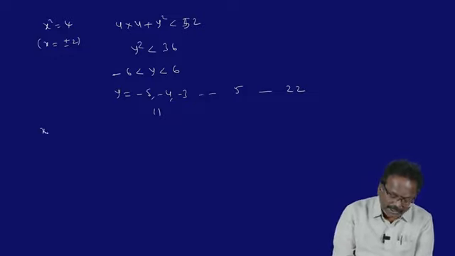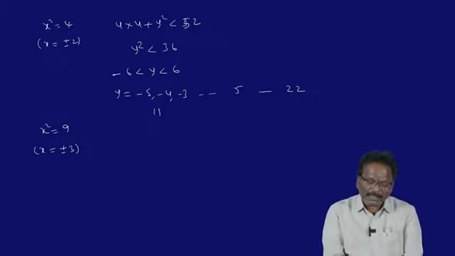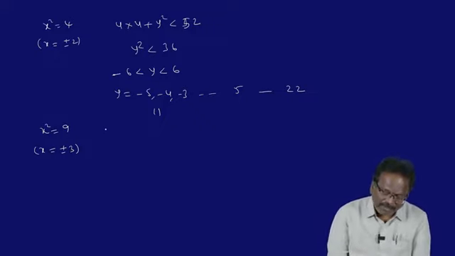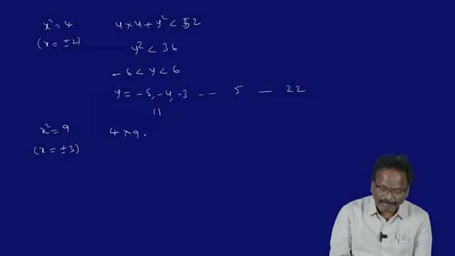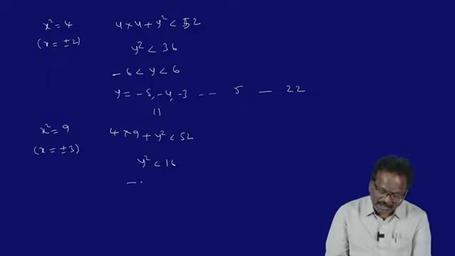Now take x square is 9. X square 9 means x may be equal to plus or minus 3. If x is plus or minus 3, how many values are possible for y? To calculate that, 4 into 9 plus y square less than 52. So y square less than 16. Y lies between minus 4 and plus 4.